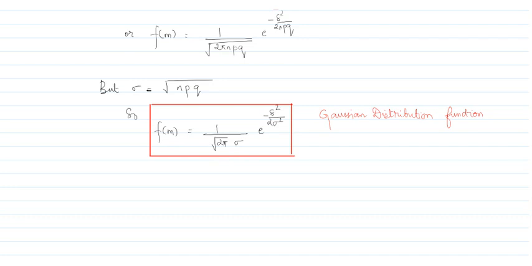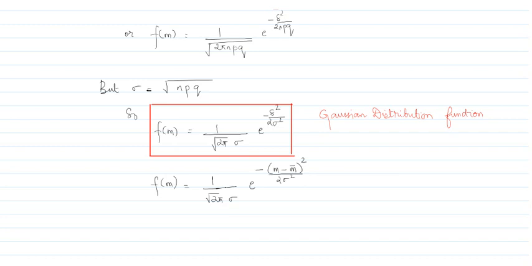Now what is actually my delta? You can write it even like this: 1 by root 2 pi times sigma, e raised to minus of. Now my delta was m minus m bar, right? M minus m bar square divided by 2 sigma square.